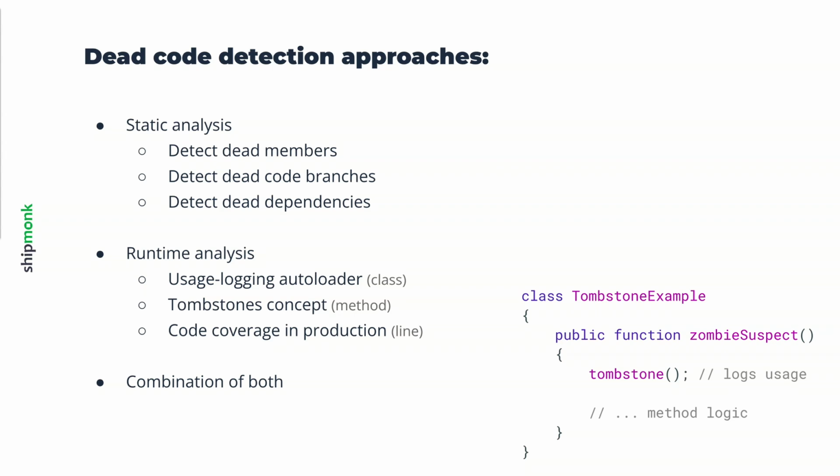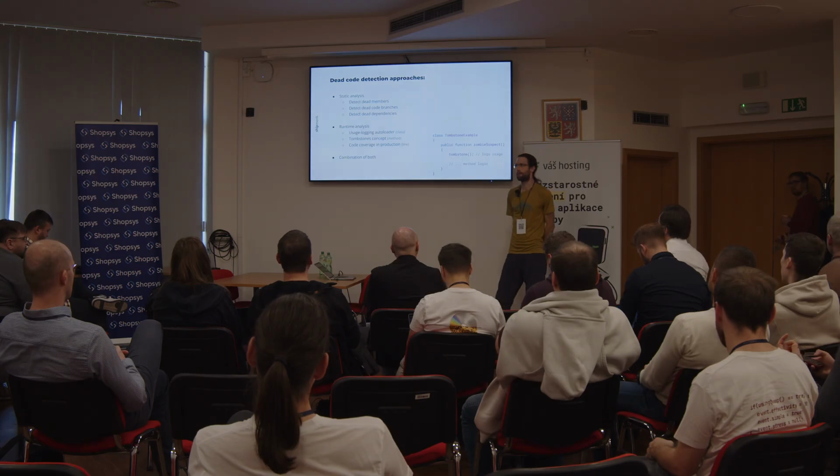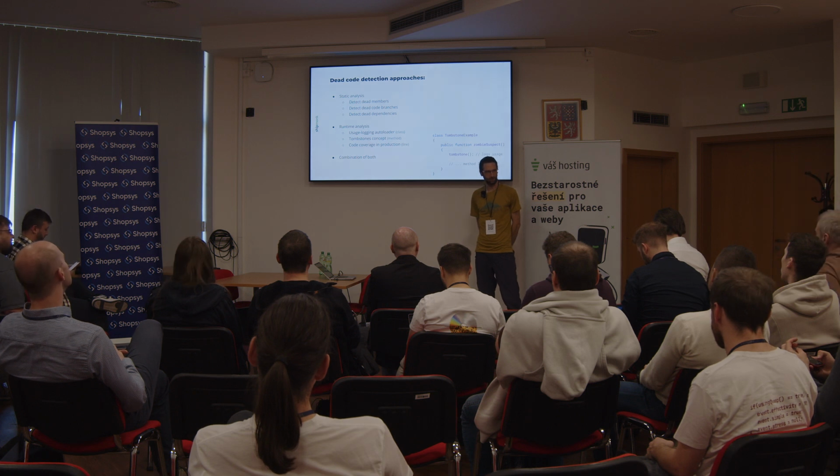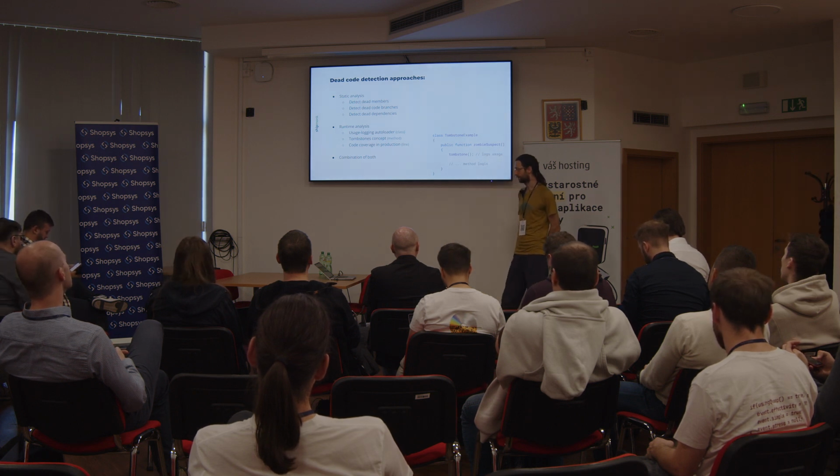One thing you are probably aware of is code coverage, because there are tools like Xdebug or PCOV that can tell you which lines of code were actually executed. You can run it in production, and you will get the best result you can ever get, meaning you will know exactly which lines you can delete.